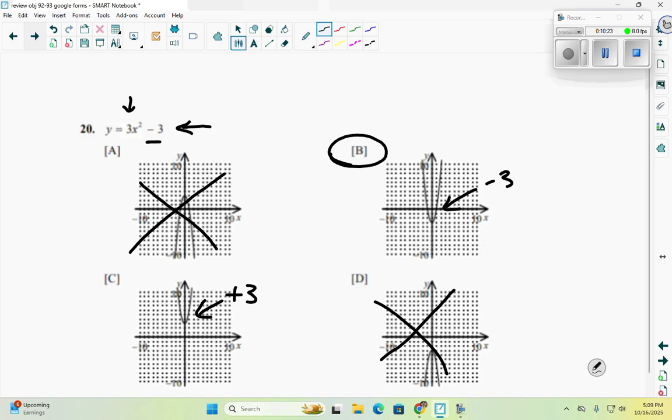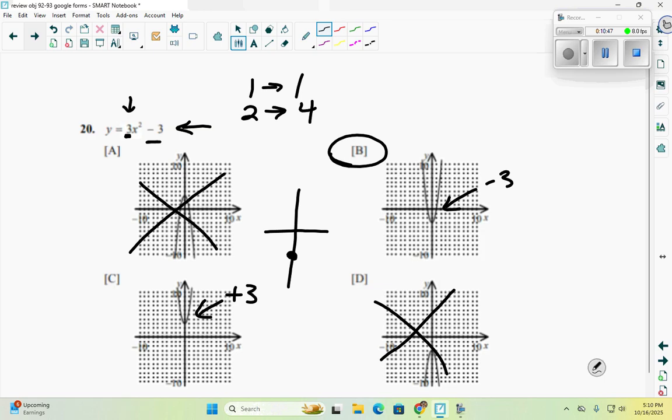Now when you go to do it on the try it, that's going to be your starting point. Our starting point was at a negative 3. Then remember our pattern was up 1 over 1, because we know it's upright. When there's no number in the front, that is our pattern.